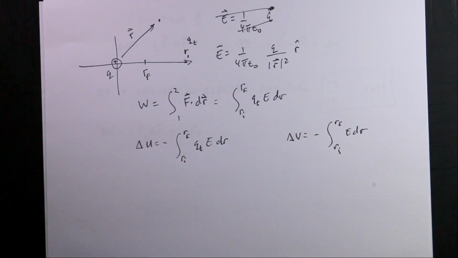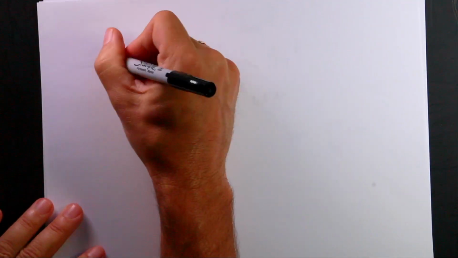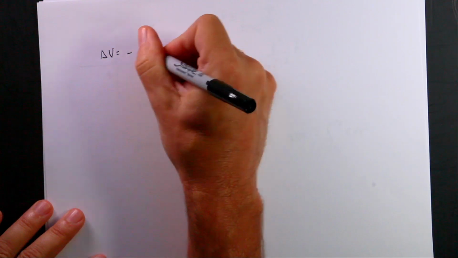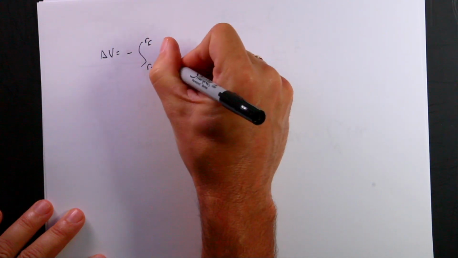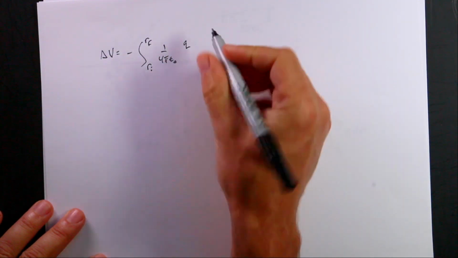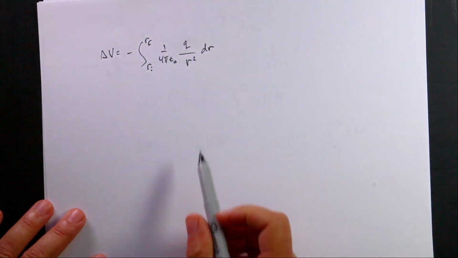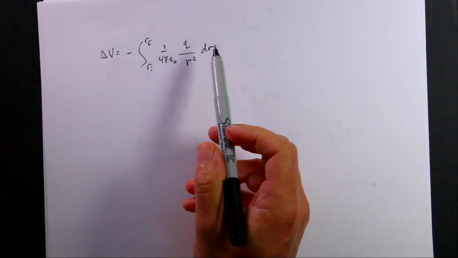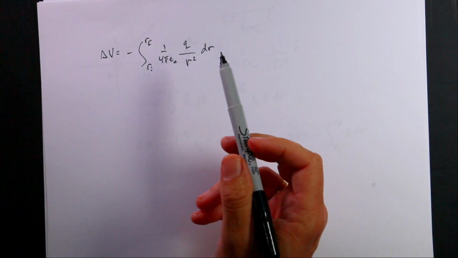So let's do that. So delta V is negative the integral from R initial to R final of 1 over 4 pi epsilon naught Q, and this is the charge at the origin, over R squared dr. Okay, so I've already taken into account that dr and E are both in the same direction. They could be the x direction, it doesn't really matter.